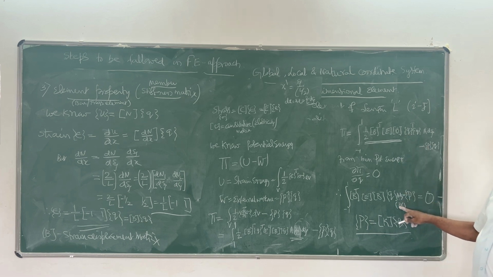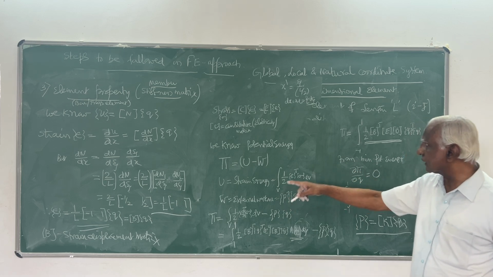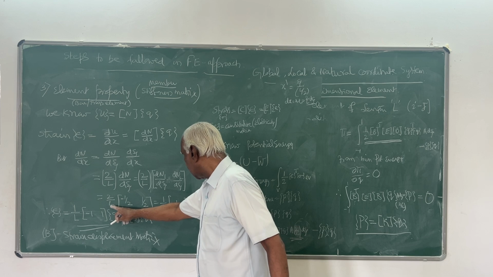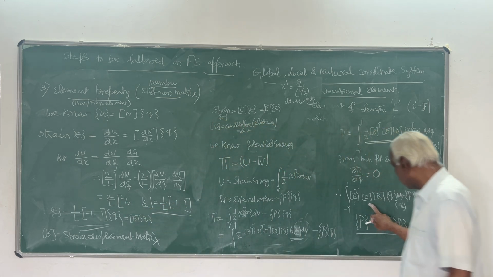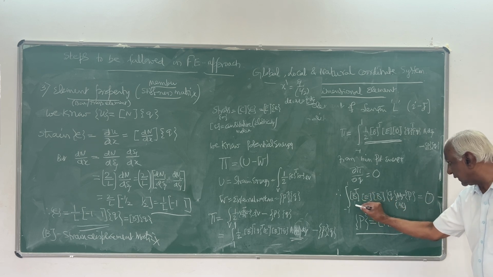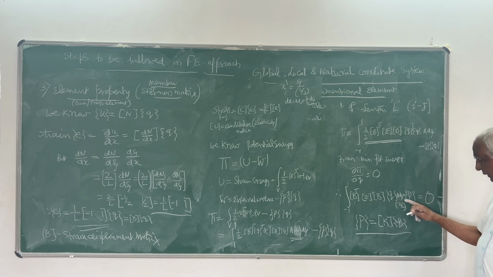It has to cancel from this L and L. If you take A by L, if you substitute for B and B, you will get a denominator 1 by L, and that will be cancelled by this.